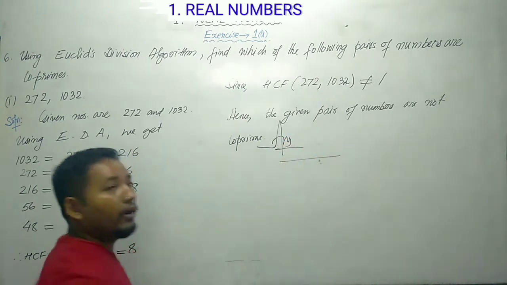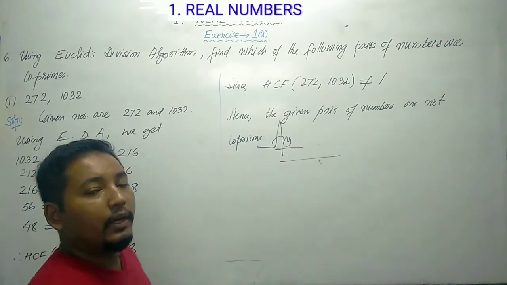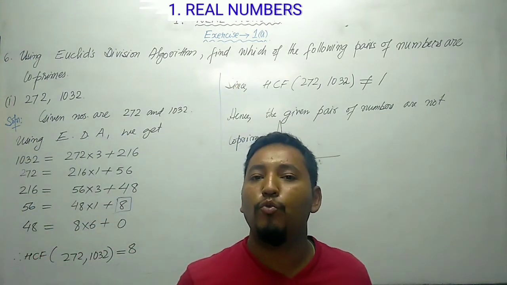Now this is our required answer. For a number to be a coprime, the HCF must be equal to 1.